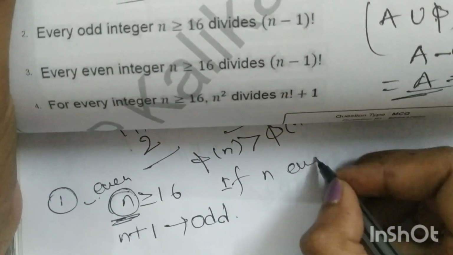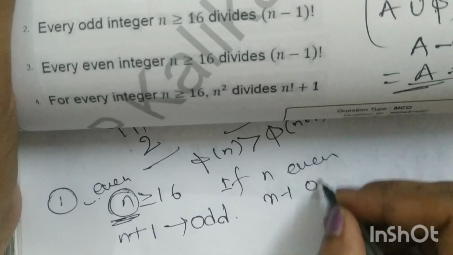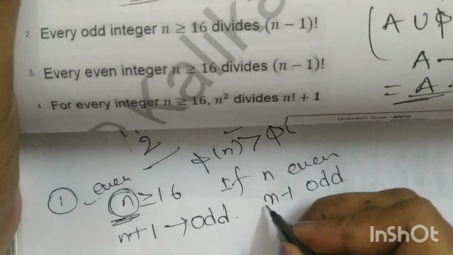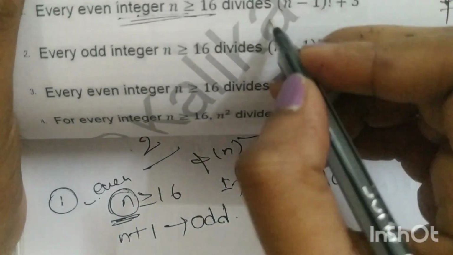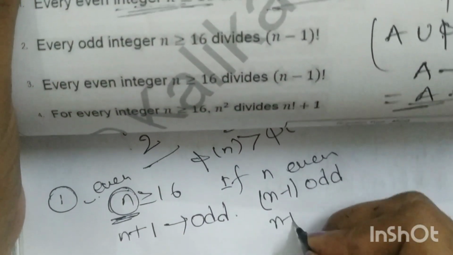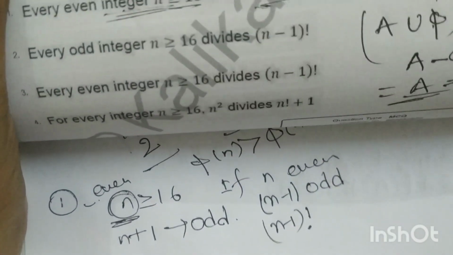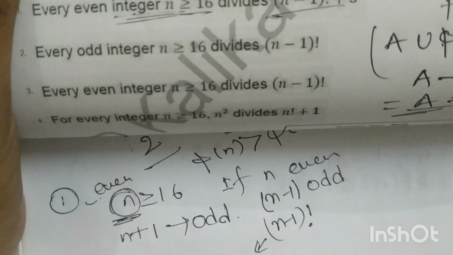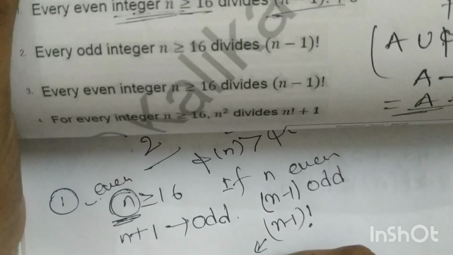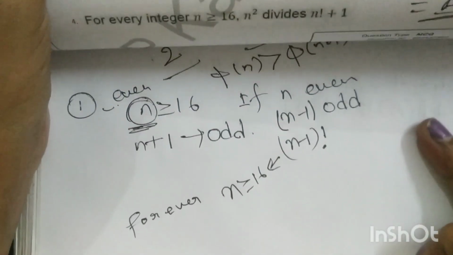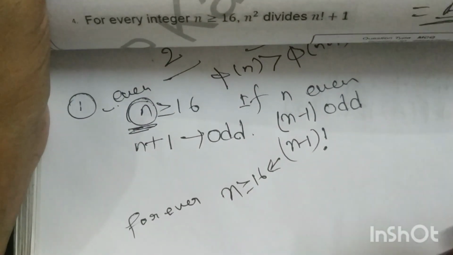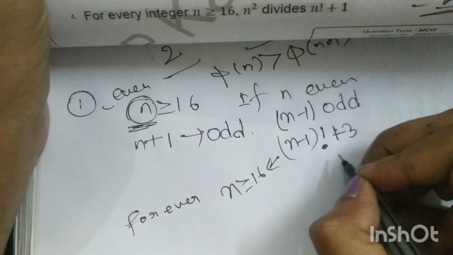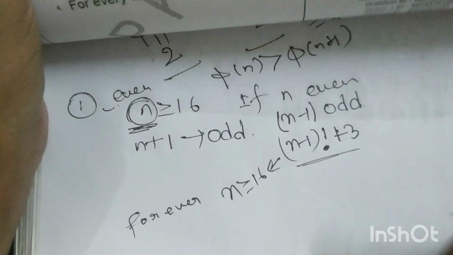Also, if n is even then n minus 1 is odd. And odd plus odd. See, it is a factorial. So it is n minus 1 factorial plus 3, where n is greater than or equal to 60.